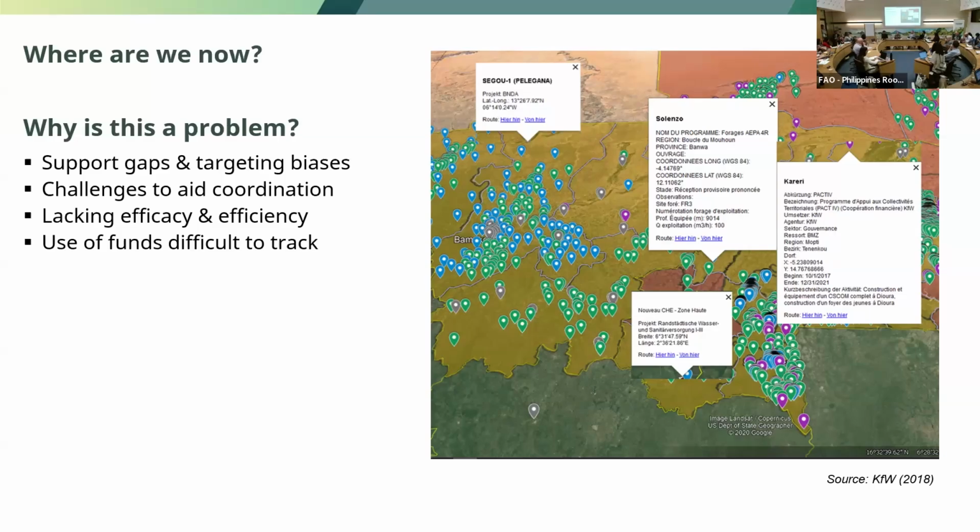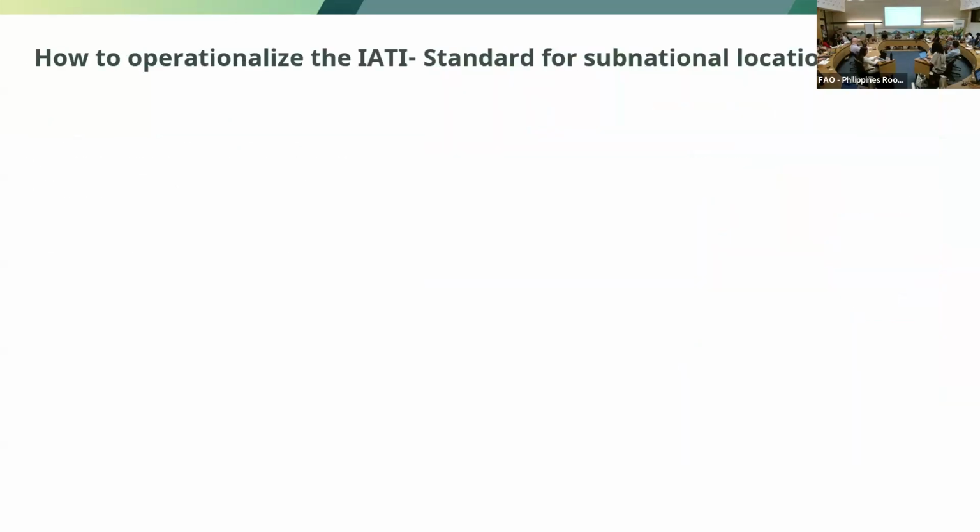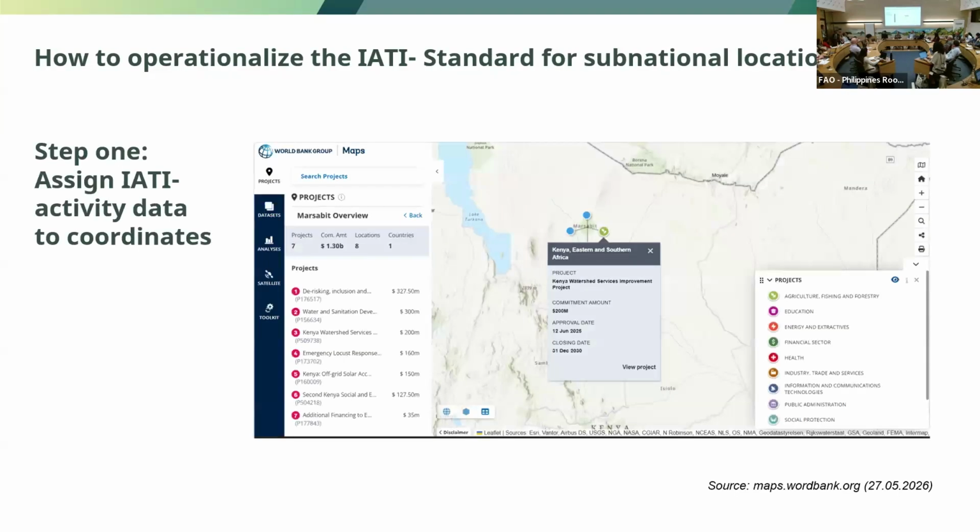We cannot coordinate among each other, so everything becomes ineffective and inefficient. And also, what is really important for most of us is, how can we track the use of funds? How can we ensure that we don't duplicate funding? Which is always not nice. So that is basically the background why there was such a great interest in this.